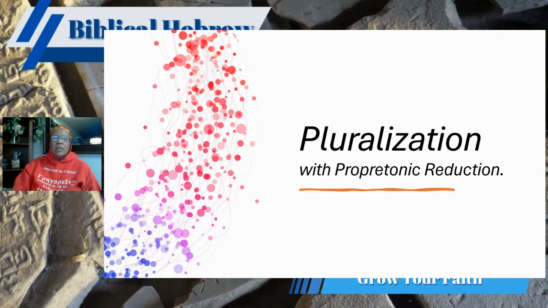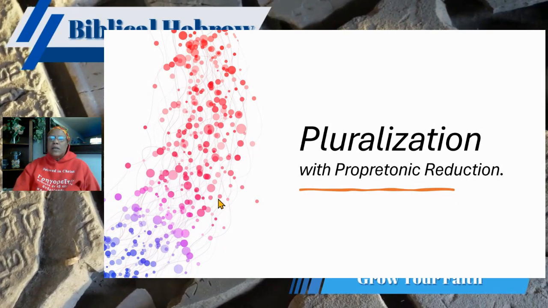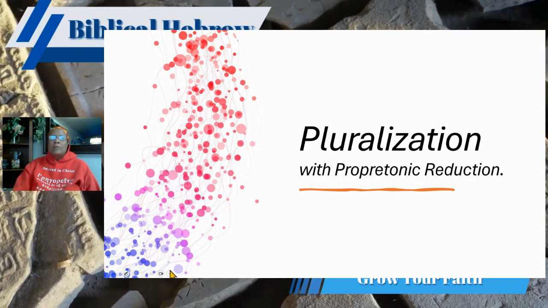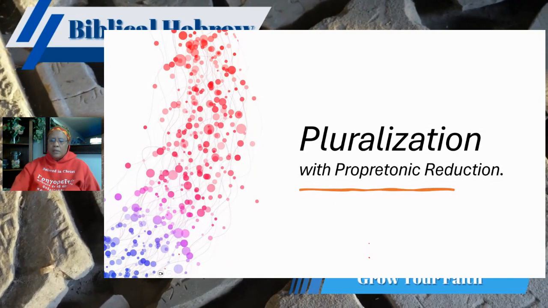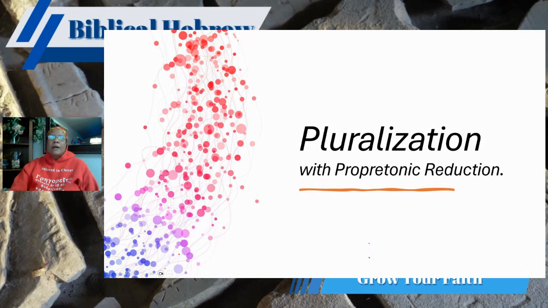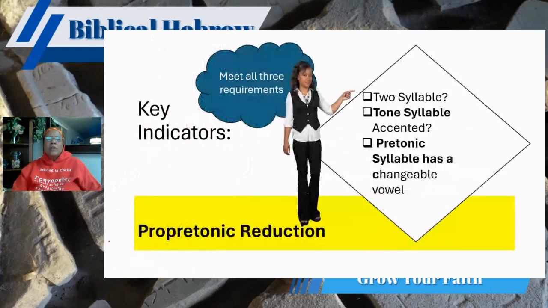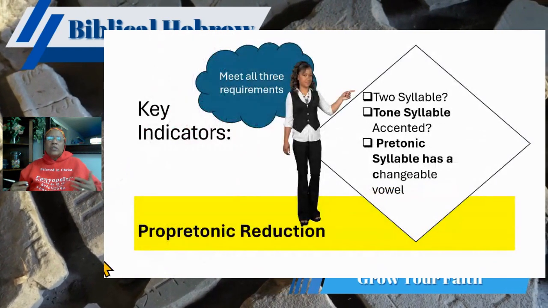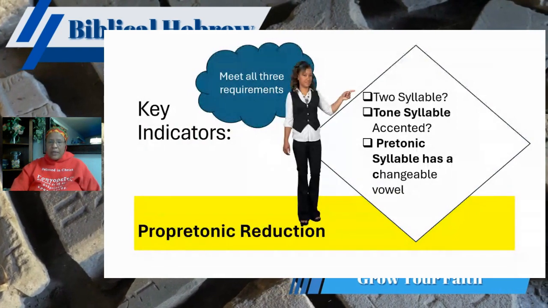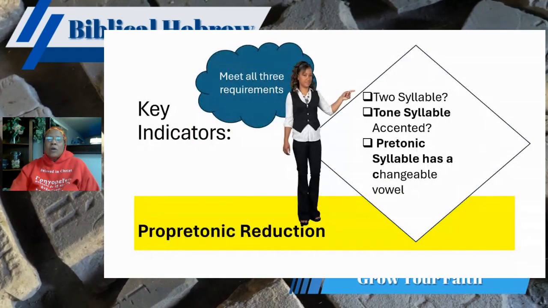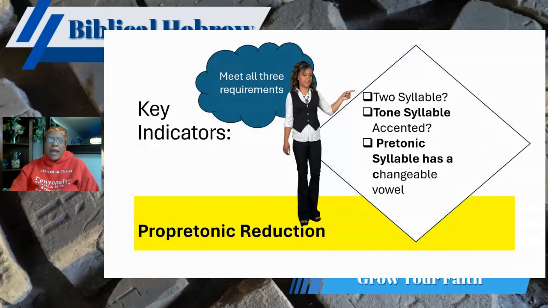So let's look and see some of the conditions that we're talking about. Okay. All right. So here are the key indicators, and all of these indicators must be satisfied. So is it two syllables? That's what you're going to ask yourself.